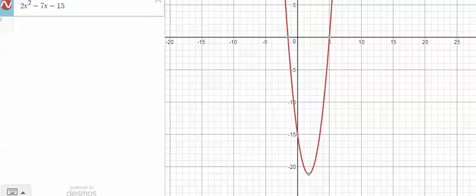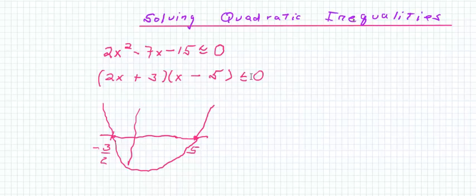So let's go back to our inequality, which is less than 0. So the answer, because it's less than or equal, we use the bracket, negative 3 halves to positive 5 is our answer. This interval.